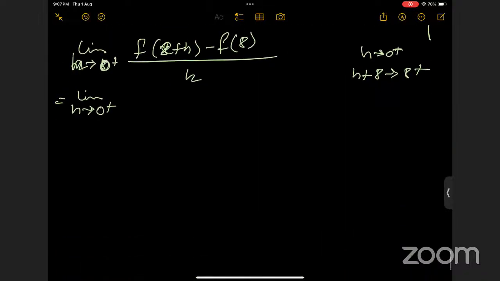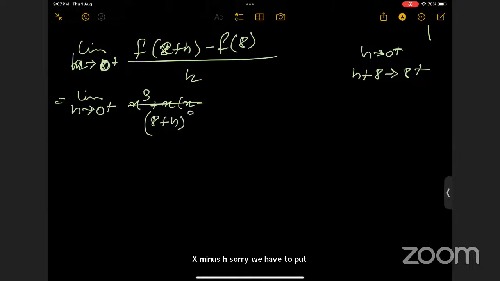Yeah. So it is x cube plus x minus h. Sorry, we have to put 8 plus h cube plus 8 plus h into 8 plus h minus 8. That means it will be h again, right?